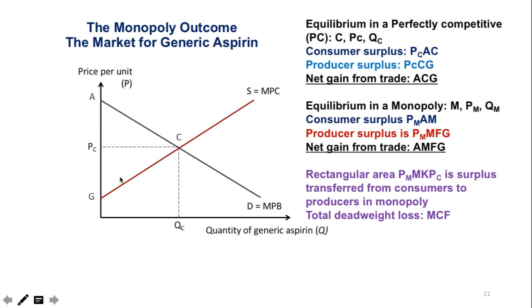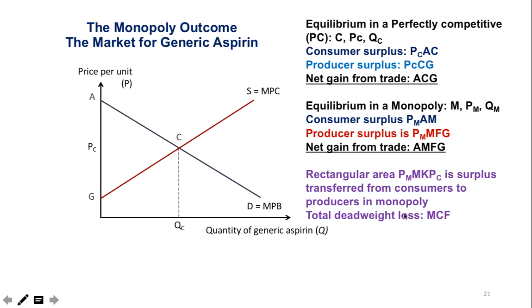The area below the demand curve and above the price determines the consumer surplus, PCAC, and the area below the price level and above the supply determines the producer surplus, PCCG. So the net gain from trade in the perfectly competitive market is ACG, right?